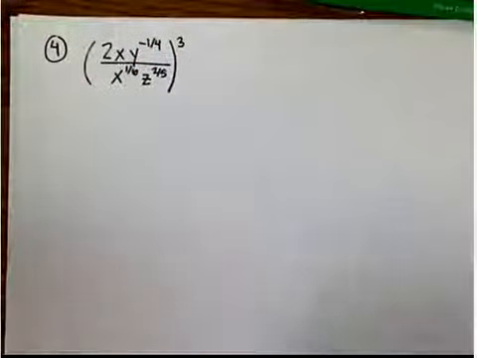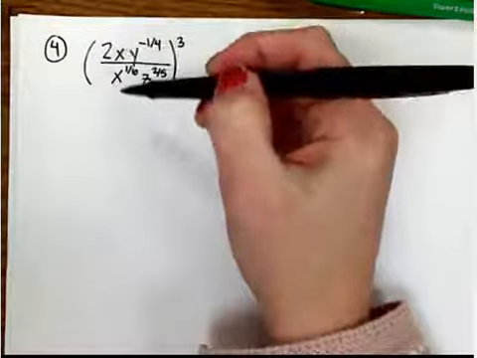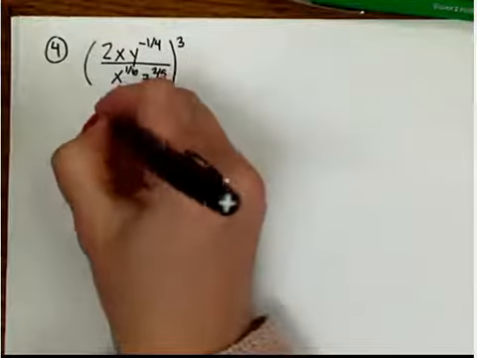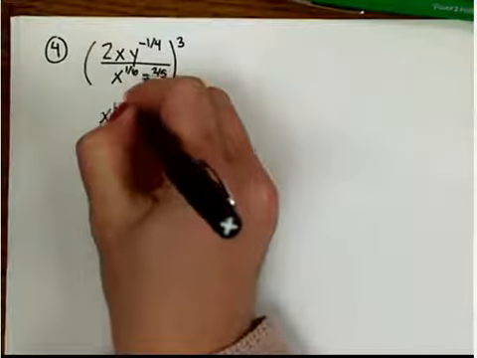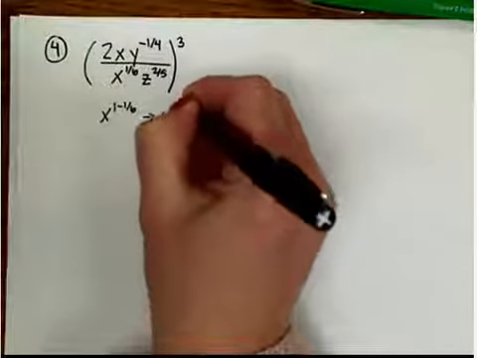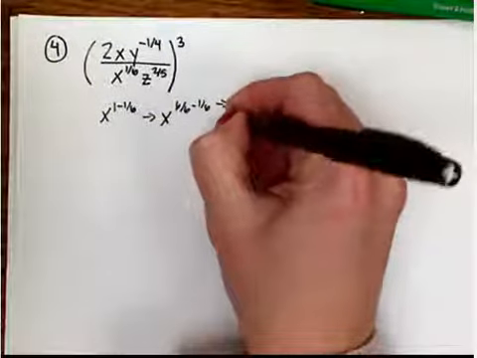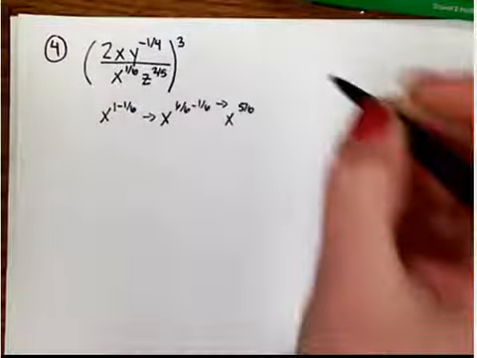Okay, now I can start on the inside, or I can start by distributing the 3 power. I do notice that I have 2 of the same bases, so let's go ahead and do that first. 1 minus 1/6. Okay, so we're going to do common denominators. 6/6. So we get x to the 5/6.